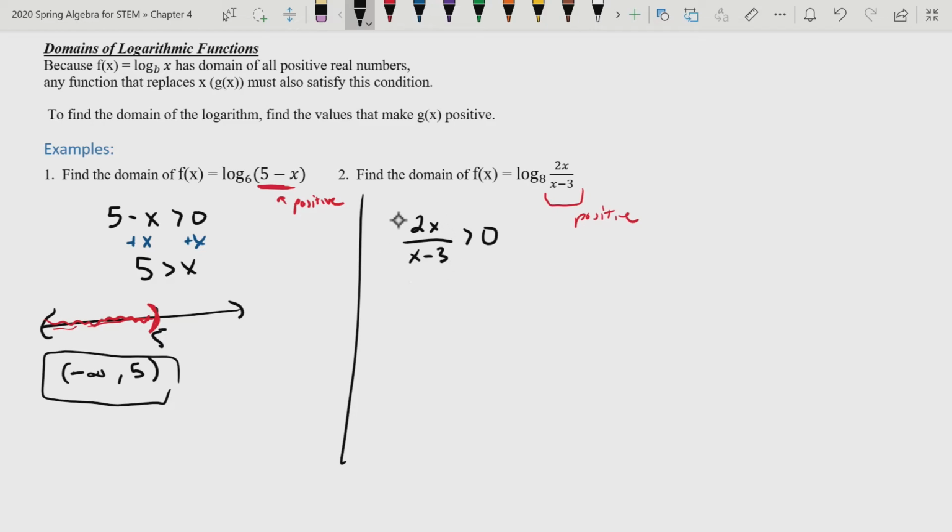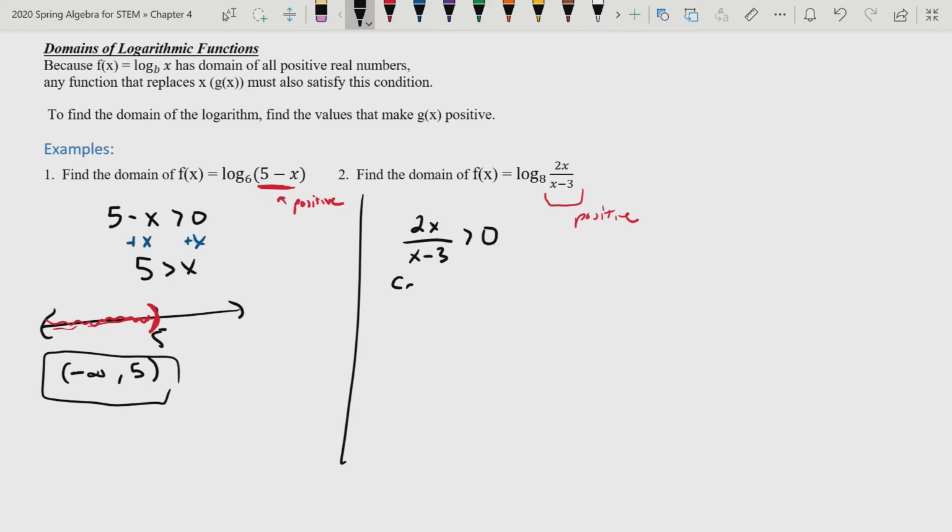To figure out when 2x over x minus 3 is positive, we'll use the method of critical points. What are the critical points of this rational function? You get a critical point when either the numerator or the denominator is 0, because that's the only time either one can transition from negative to positive.